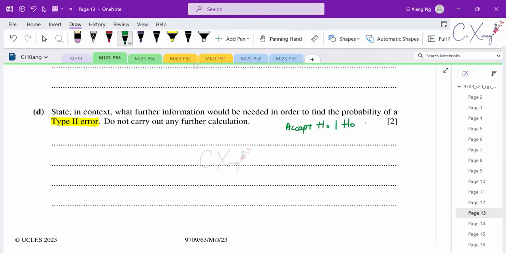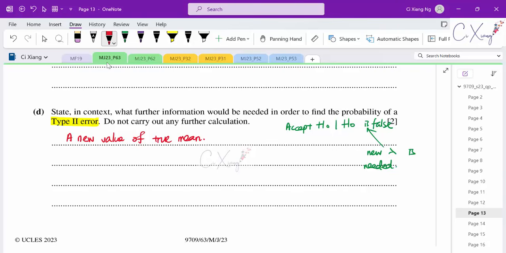Because the null hypothesis is false, we need to have a new value of mu or the new value of lambda to continue with the calculation for type 2 error. So the first information needed is a new value of the true mean.